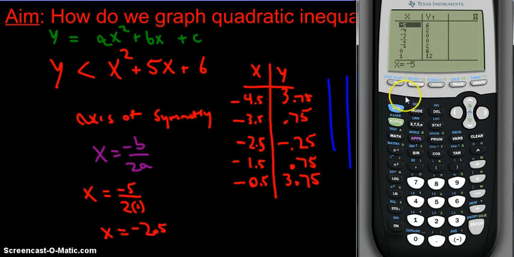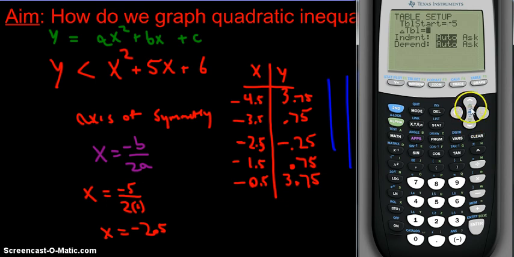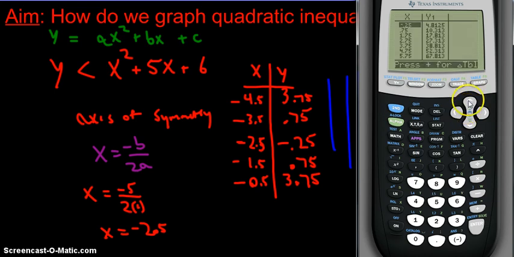If you press second window, which is the table settings, I can change my counter to start me at my vertex, which is negative 0.25. If I go back to the table, you'll see whether my values were close or not. From the looks of this, I did misplace my value. Oh, it's 2.5. That explains it. Out of time.